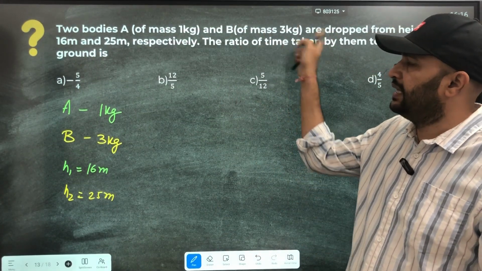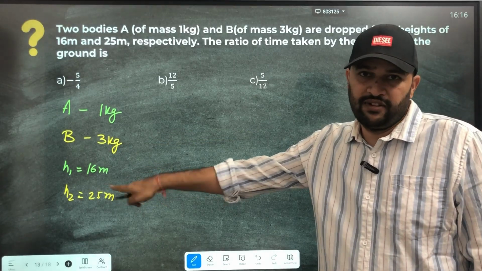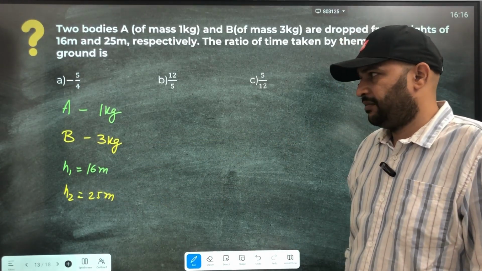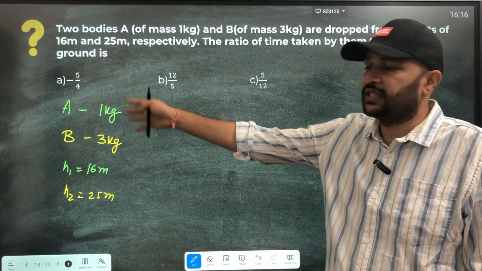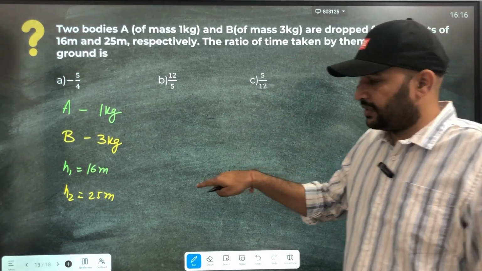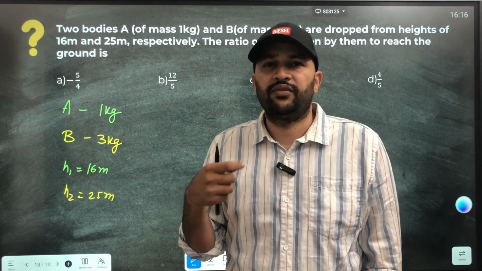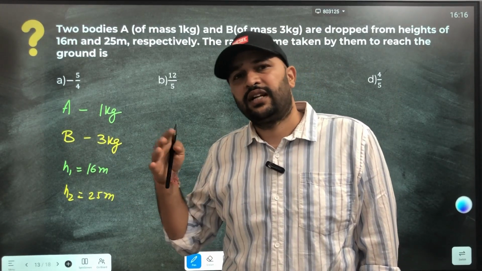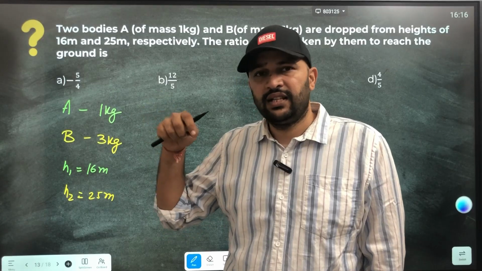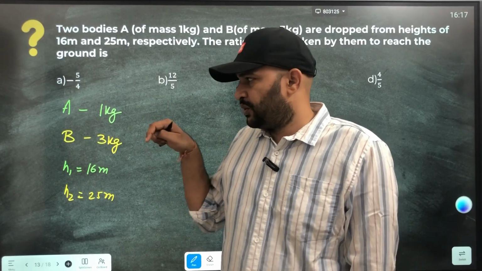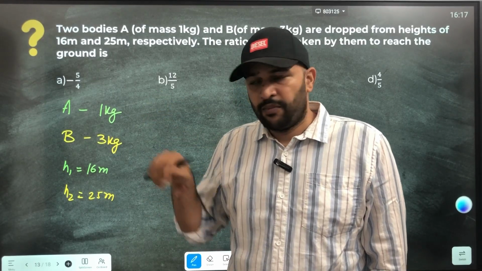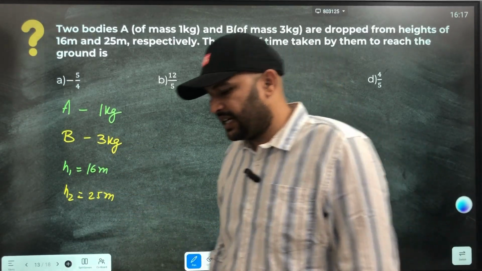If both were released from the same height, they will reach the ground at the same time, regardless of what the mass is. Be very careful with this. But in this particular case, both are released from different heights. Just assume that you are standing on the 5th floor and your friend is standing on the 30th floor. You both are releasing two different objects at the same time. Both of them will reach the ground at different intervals.